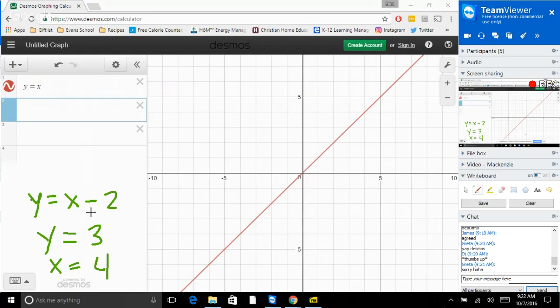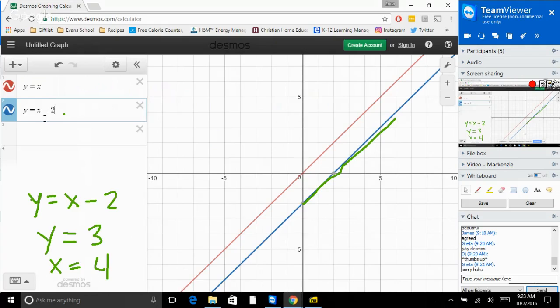Based off of this, I think my y-intercept is going to be at -2, and my whole graph is going to shift down to along here. Something like that. Then, of course, you can just plug it in your calculator and check yourself and see how smart you are, right? Oh, look at that.